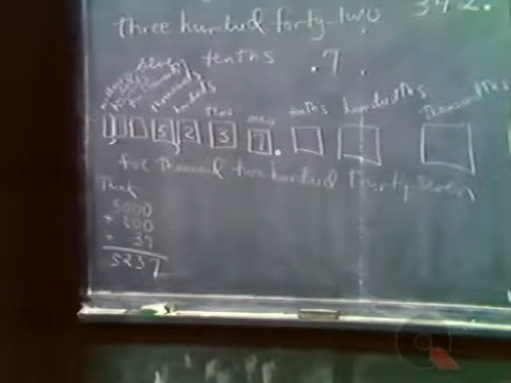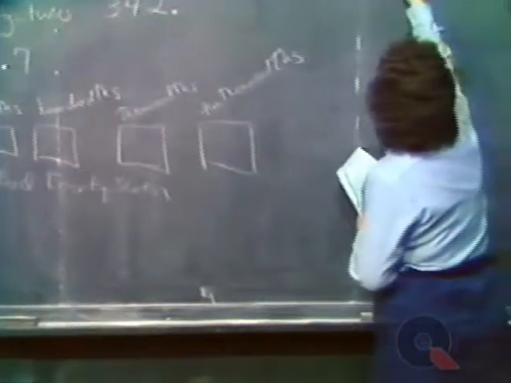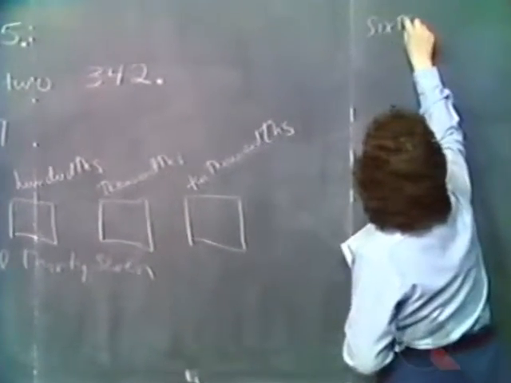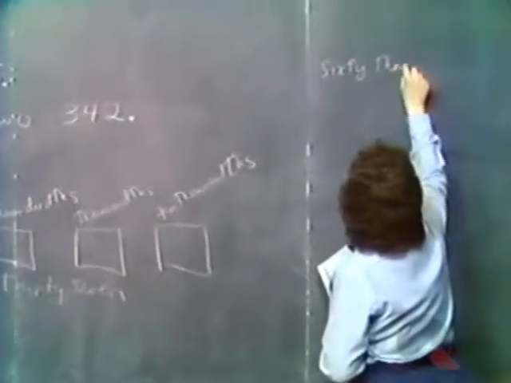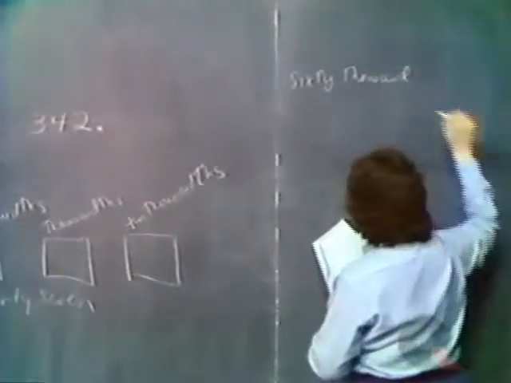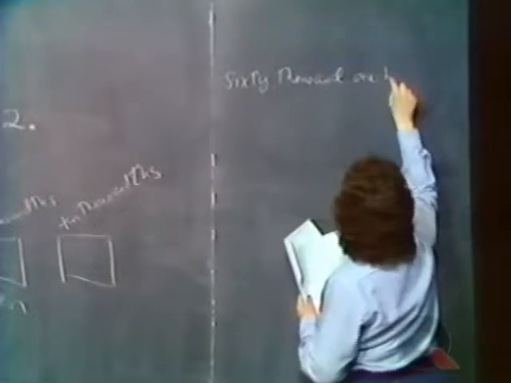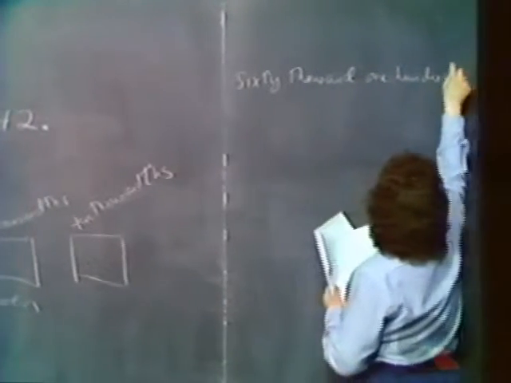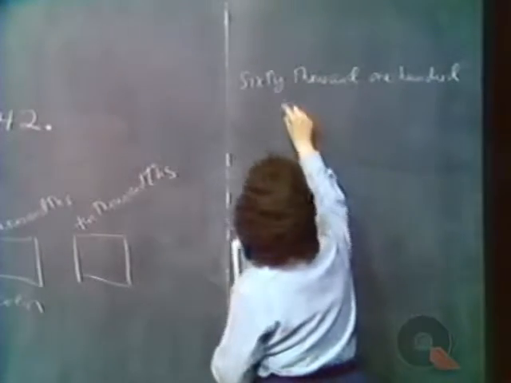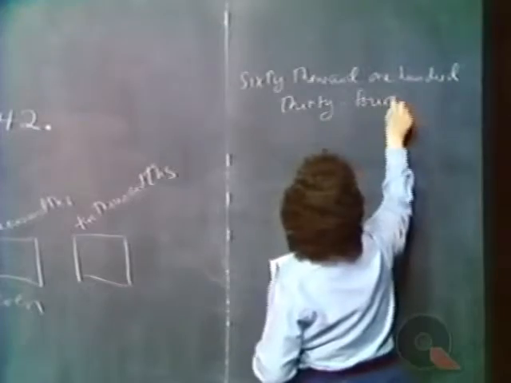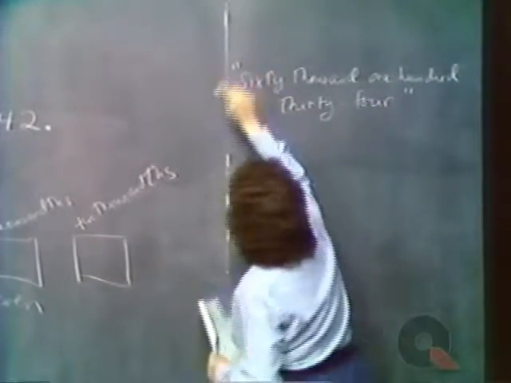Okay, let's move over here and try some more. Let's write this using numerals. 60,000 134. And it'll say something like this.